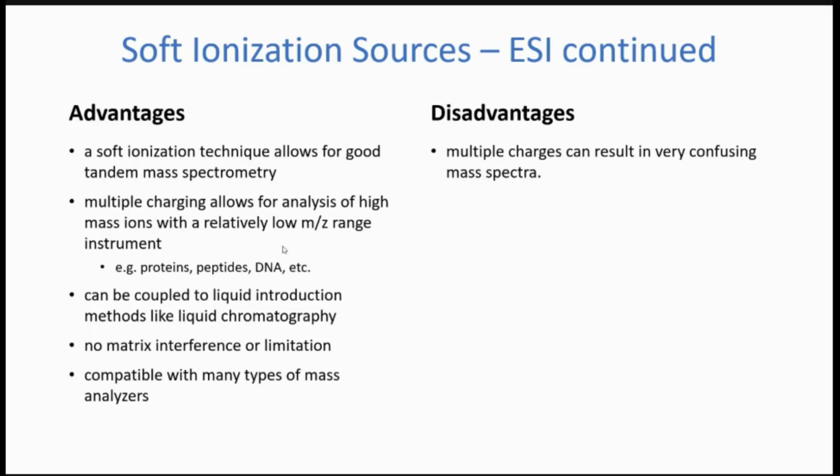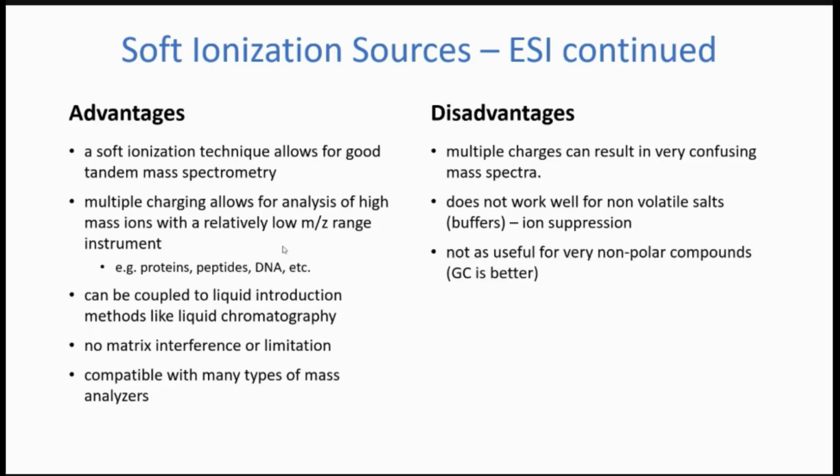The disadvantage is that when you have these multiple charges, it can result in very confusing mass spectra. It does not work well for non-volatile salts or buffers. If you have salts in your solvents, you often get what's called ion suppression. There are some things like ammonia buffers that can work all right, but you definitely don't want any sodium ions in your ESI source.